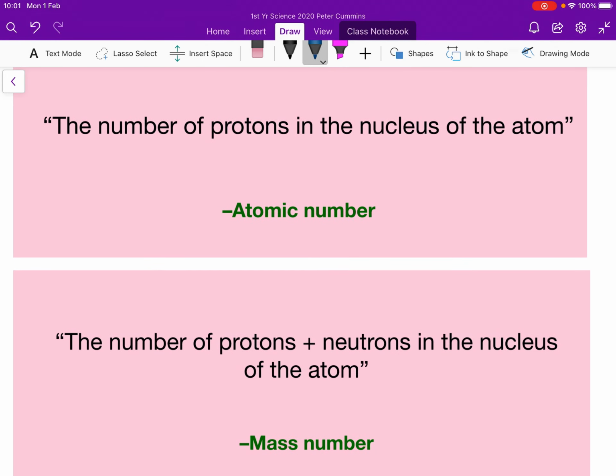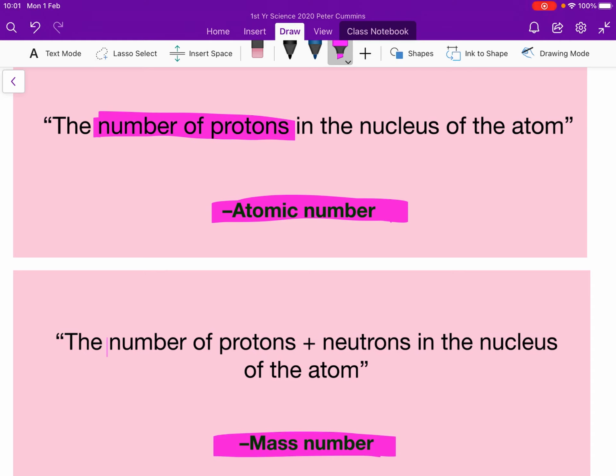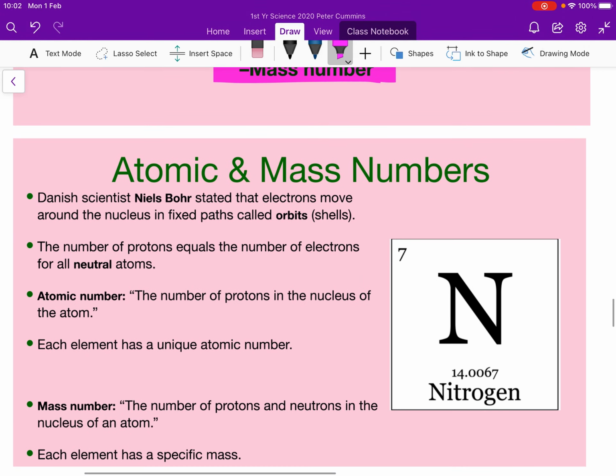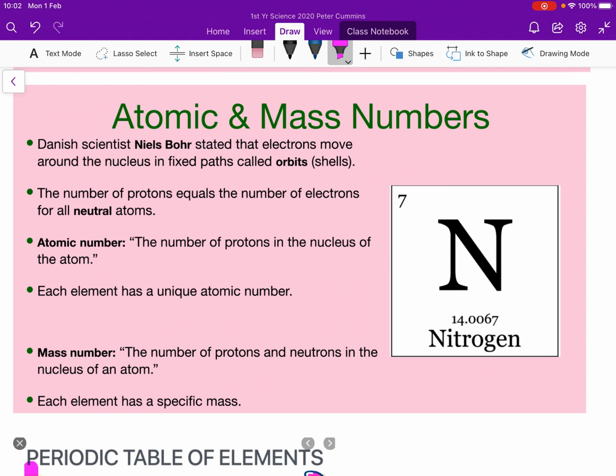Okay, so these two definitions have to be learned. The atomic number is the number of protons. The mass number is the number of protons plus the number of neutrons in the nucleus. I'm going to put all this together in one thing for you in a moment.